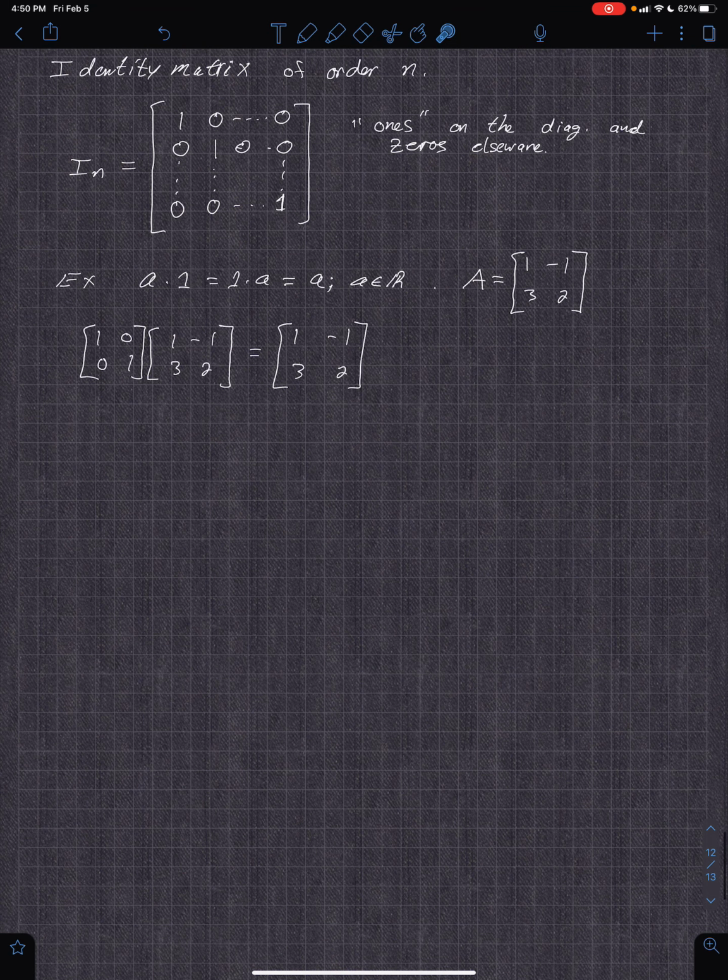If you commute 1, negative 1, 3, 2 with the identity matrix, that will work as well. You get the same matrix back. So again, check that. You've got to do these on your own, by hand, a few times to see what's going on.